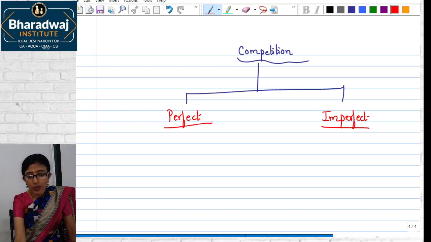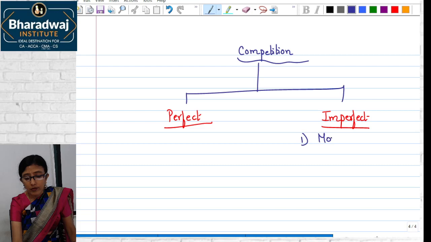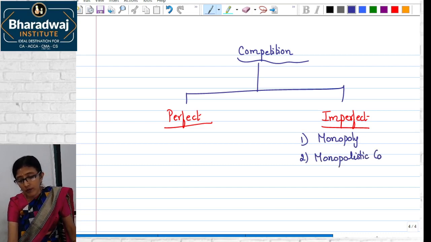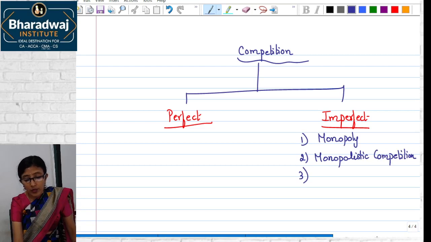Bring all the market forms here. You can even mention duopoly, we have missed.